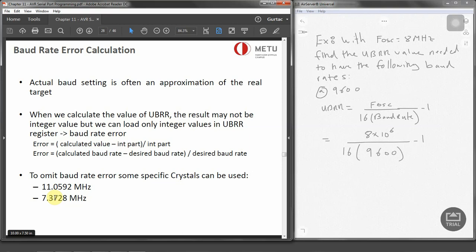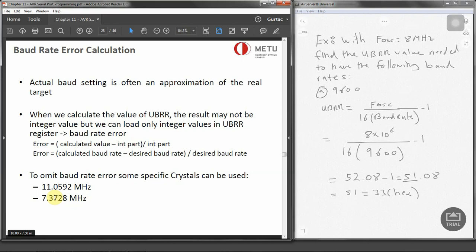If you want, you can calculate that as 52.08 minus 1, which is 51.08. As we can just get the integer part, that is going to be 51, which is equal to 33 in hex. So we can load that into UBRR.